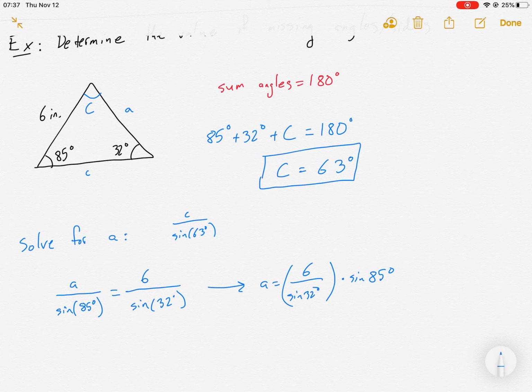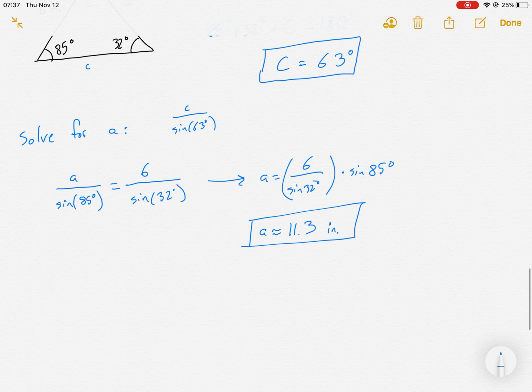I didn't say how many decimals to round this to, so maybe we'll do 2 or 3. We'll see what happens. All right, so I got 11.279. Let's just do one decimal place. And make sure to include your units here.